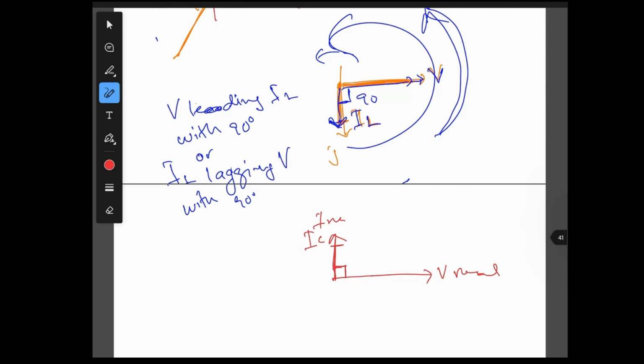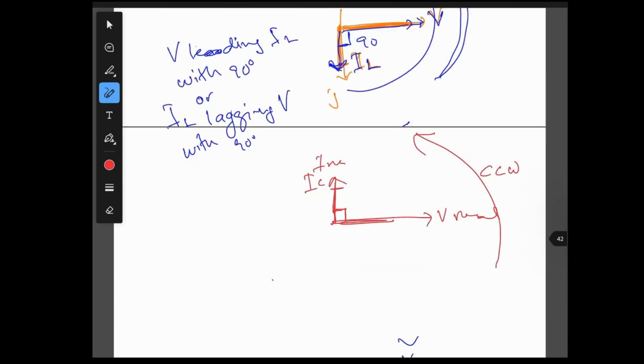So again, we rotate counterclockwise. We can see that IC is leading voltage by 90 degrees. Rotate it. IC here, V will be here. So 90 degrees.